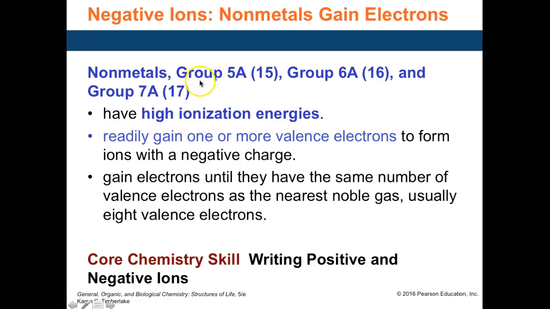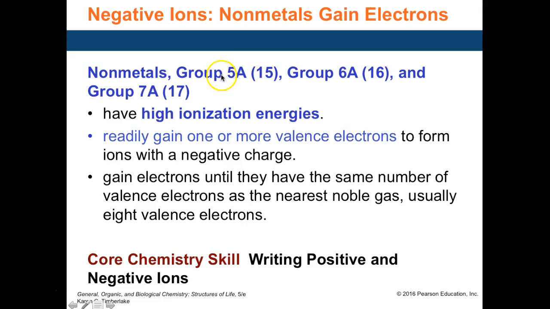Now for these nonmetals, rather than give up 5 electrons from their valence shell, it's easier for them to gain one or more electrons to get the octet. All right, so they obtain their octet by gaining electrons, and how many electrons they gain depends again on this group number. 8 minus 5, that means it's 3 short of an octet, so it grabs 3 electrons.